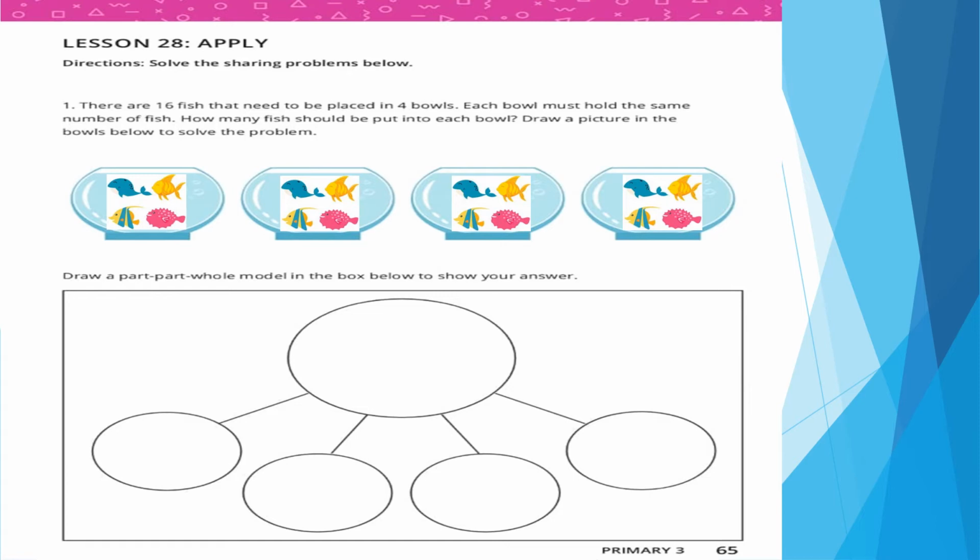So draw a part whole model. The whole here is 16, and the parts, we will divide this 16 into equal parts. So we will divide it into 4 and 4 and 4 and 4.